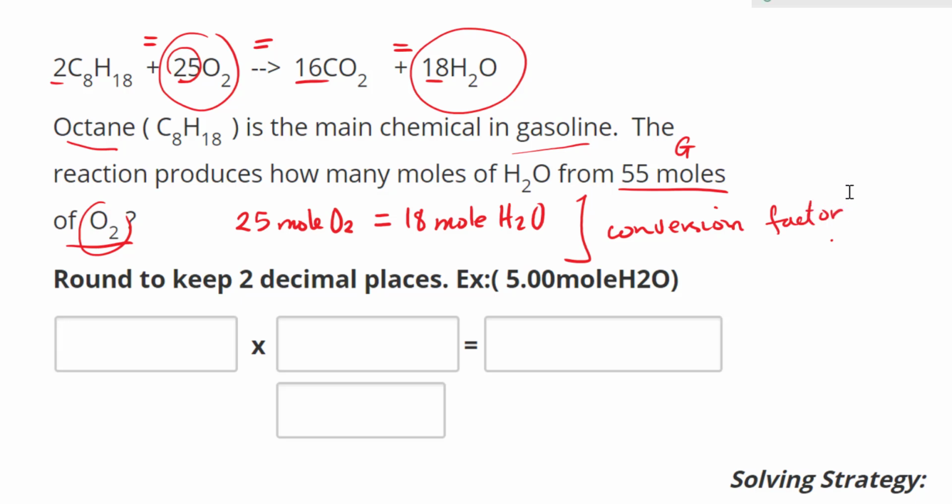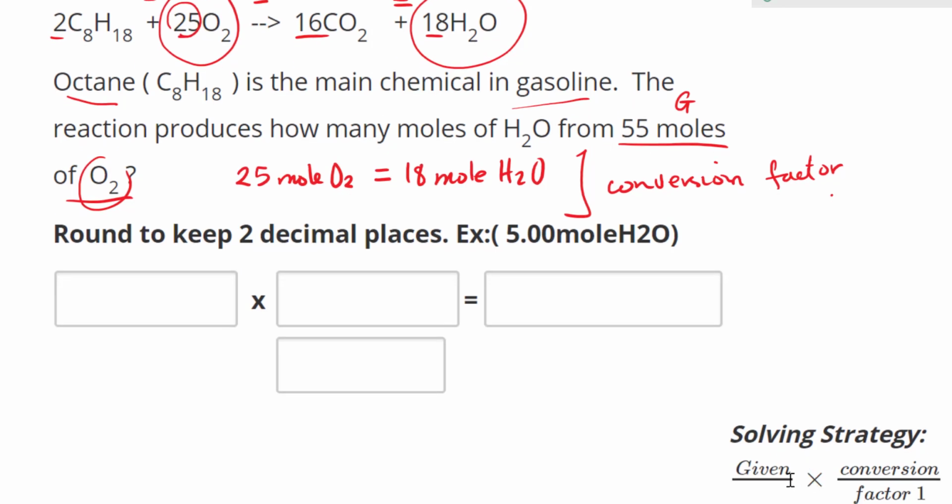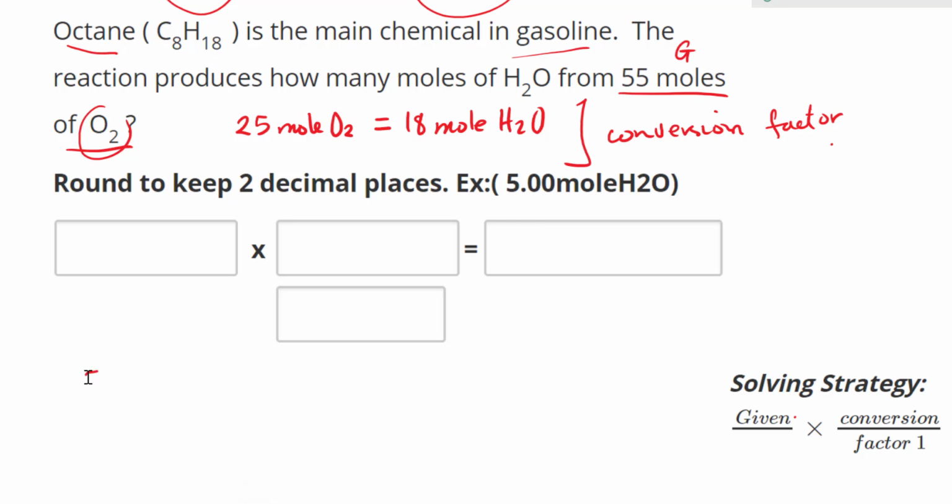So let's solve this problem. Again, we use the same strategy: using our given times the conversion factor, as many as we need. In this case, we only need one because we start with mole and we end up with mole already. So we start with our given, which is 55 moles of oxygen, times our conversion factor. This conversion factor has moles of oxygen, so on the bottom must be moles of oxygen as well.